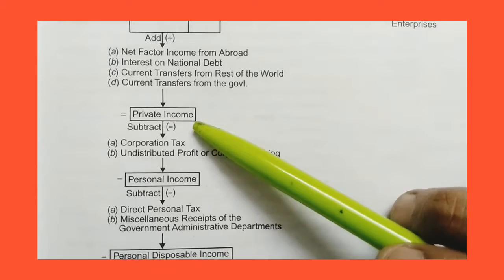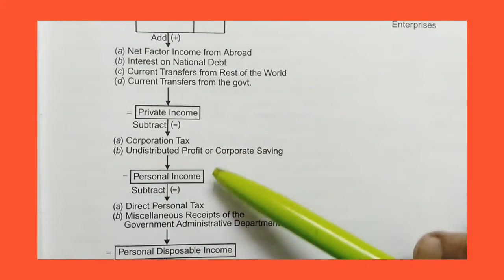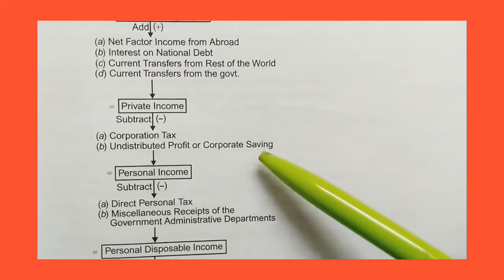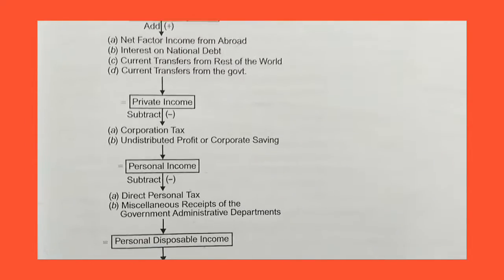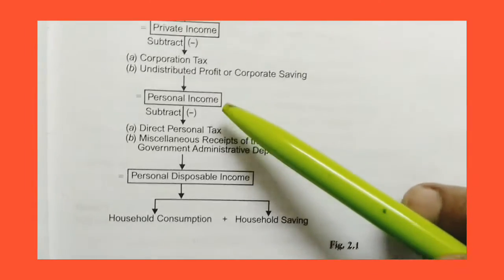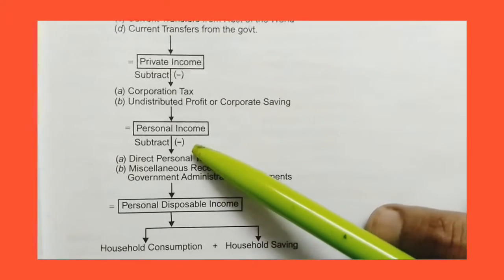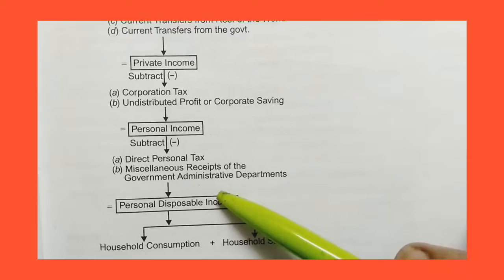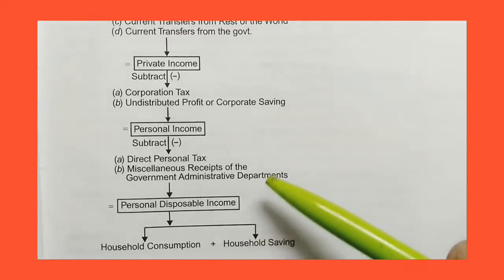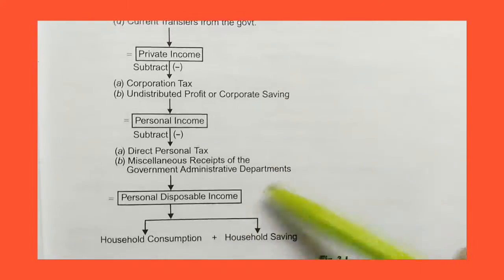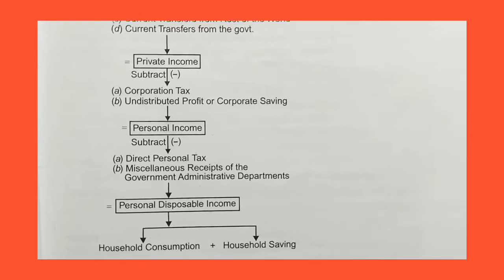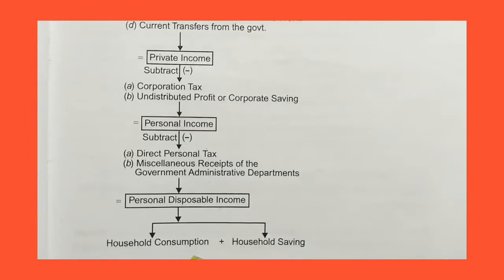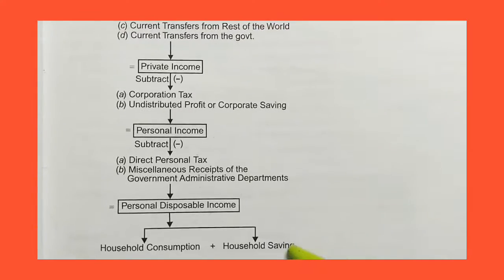If we subtract the corporation tax and undistributed profit or corporate saving, we obtain the personal income. If we subtract direct professional tax plus miscellaneous receipts of the government administrative departments, we obtain the personal disposable income. So personal disposable income is household consumption plus household saving.